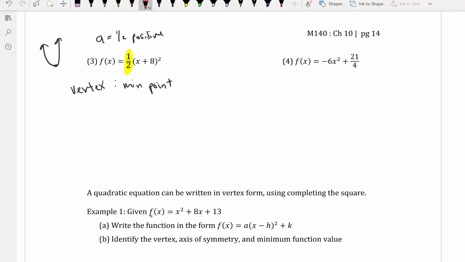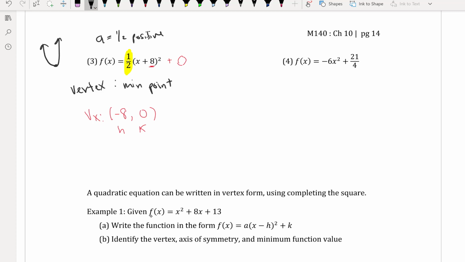And here I definitely have my vertex, the h value as -8, but what's that k value? Well, without changing the value of this equation, you can always add or subtract 0. So that k value would be a 0 there, okay?